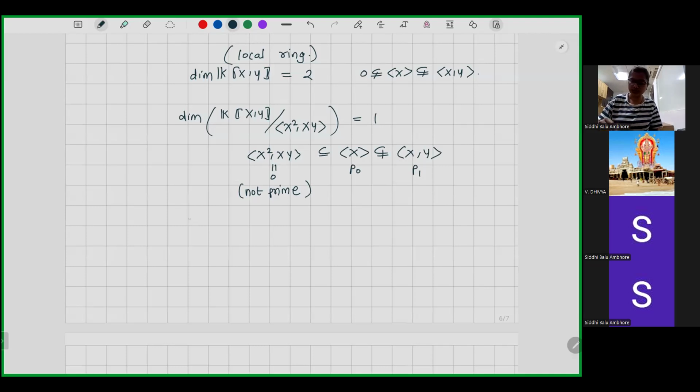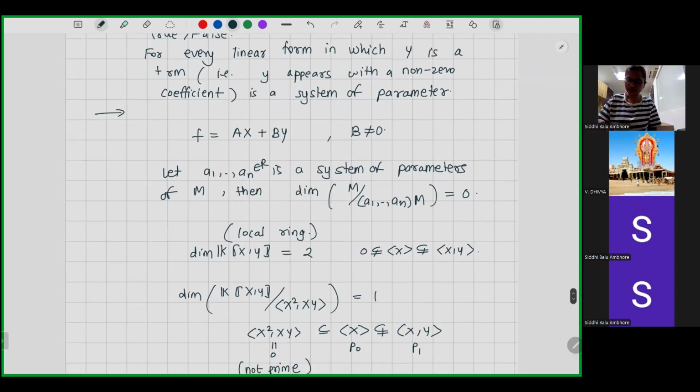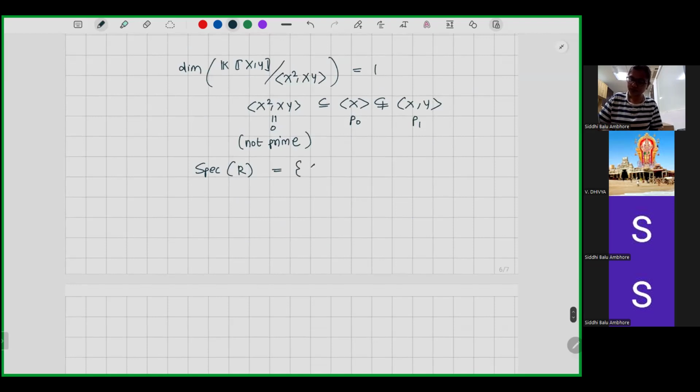So the spec of this ring R, this was my R here, is just these two ideals. Note that 0 is not a prime ideal here, because x times x gives me 0. So spec R contains these two ideals and the dimension of R is already 1.